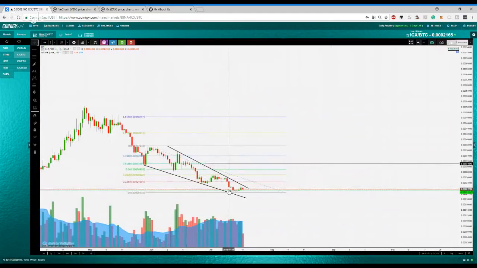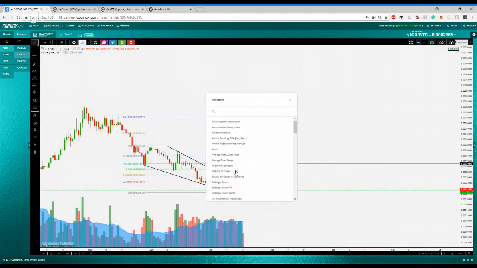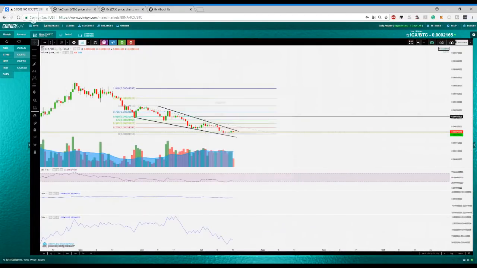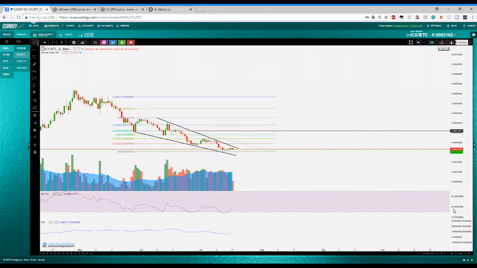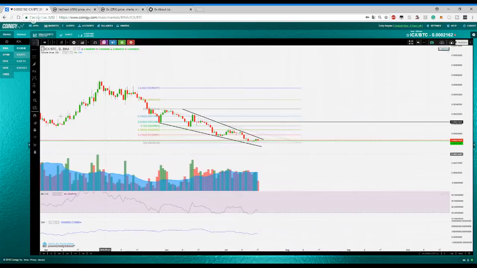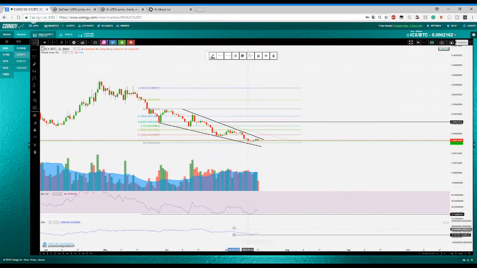At this point, there's no indication of this wedge breaking. Let us check the on-balance volume and the RSI. Okay, so far, the RSI made a new low together with the price. On-balance volume also made a new low together with the price.